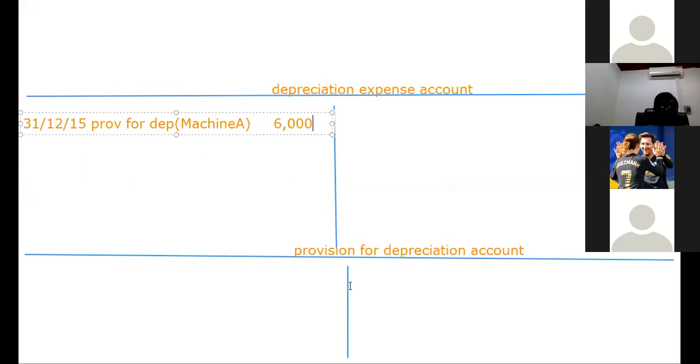Then you credit, 31st December 2015, depreciation, machine A.